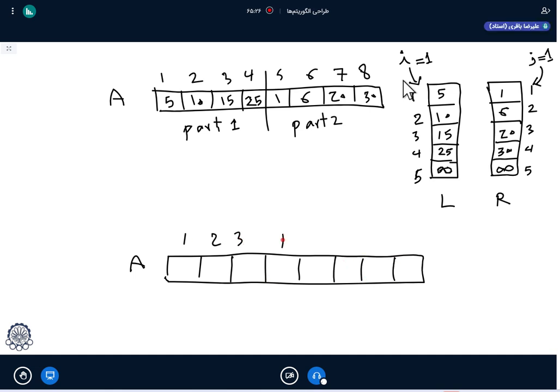We use another index K for array A, which is initialized to 1.